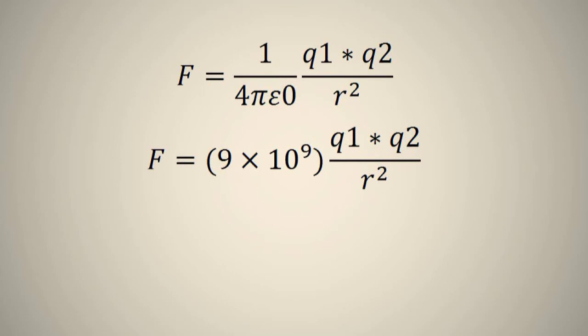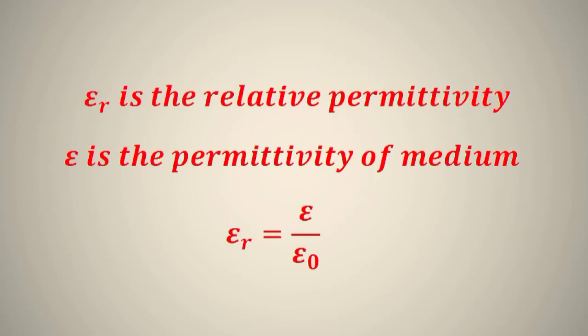Here we can say that F is equal to 9 into 10 raised to 9 into Q1 Q2 divided by r square. Epsilon r is the relative permittivity and epsilon is the permittivity of the medium.